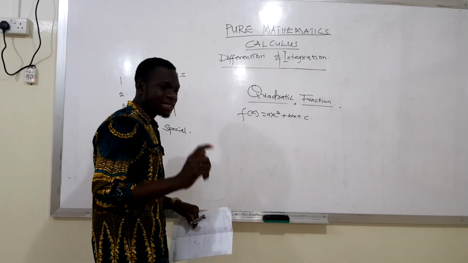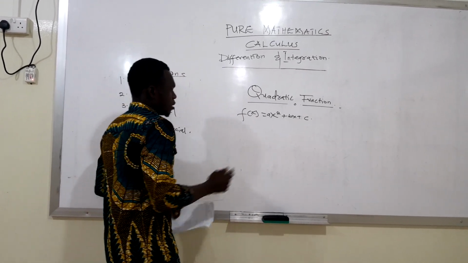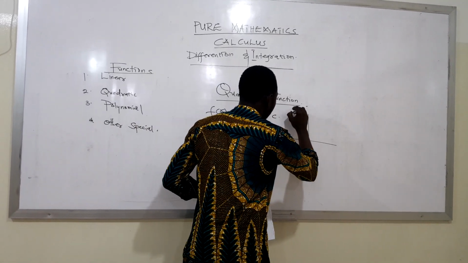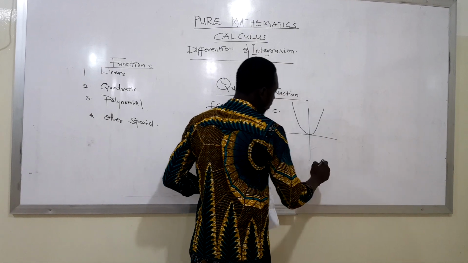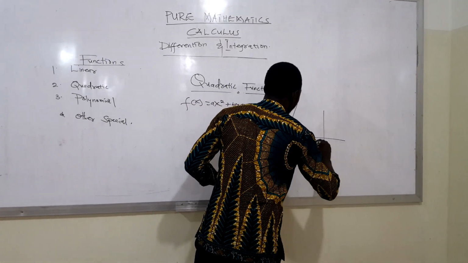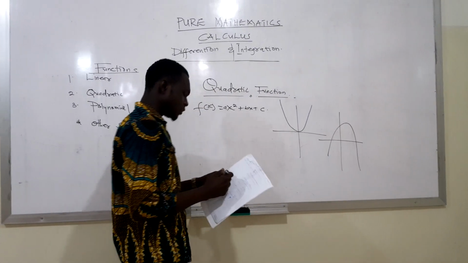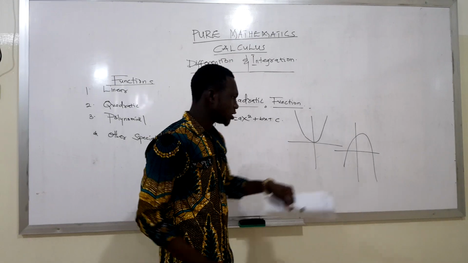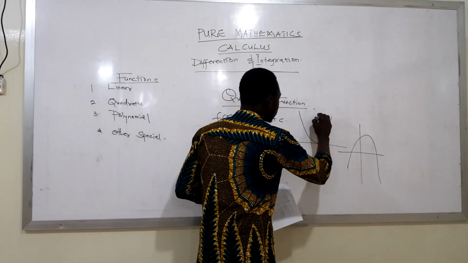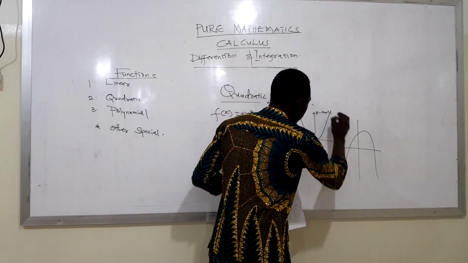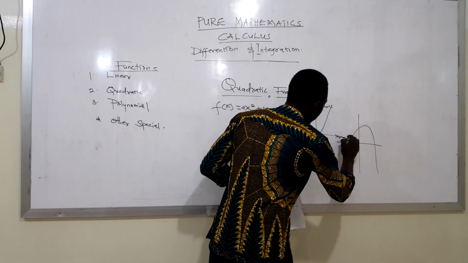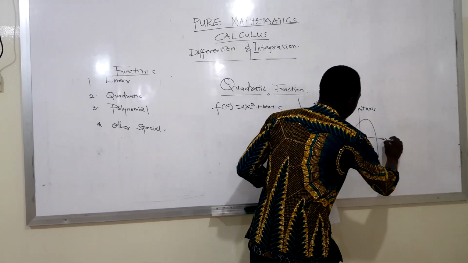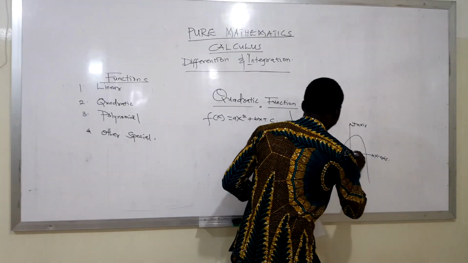And another reason is that this can also be drawn in this direction, so a quadratic function could be in this shape or this shape, with the y-axis and the x-axis, moving from the origin.